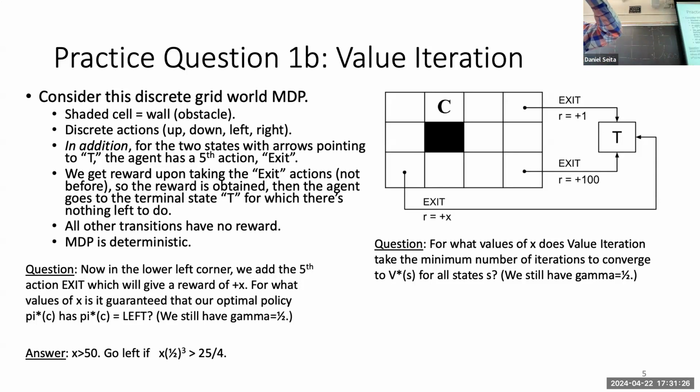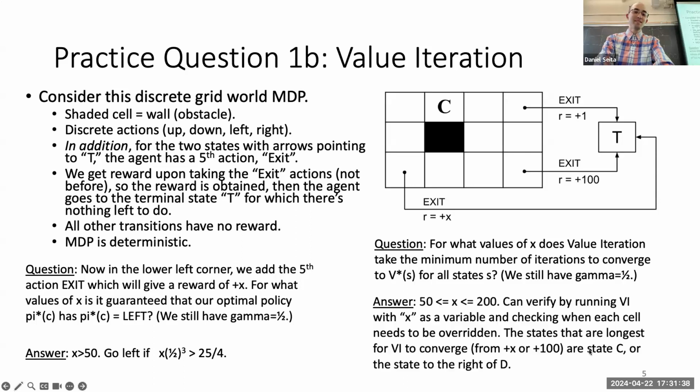Yeah, part of it. All right, so the answer is 50. The values of x would be x within 50 and 200.